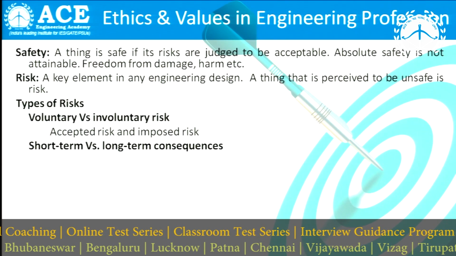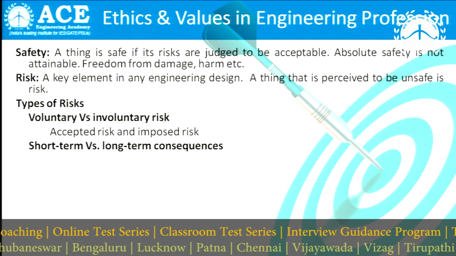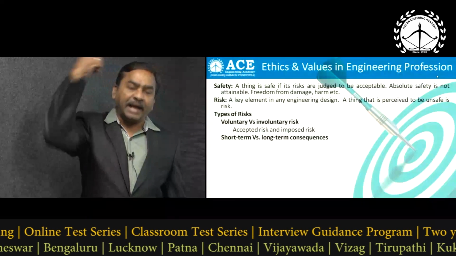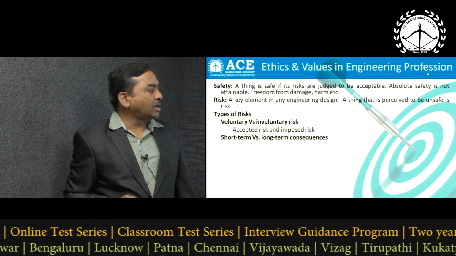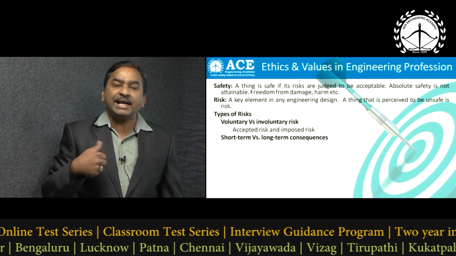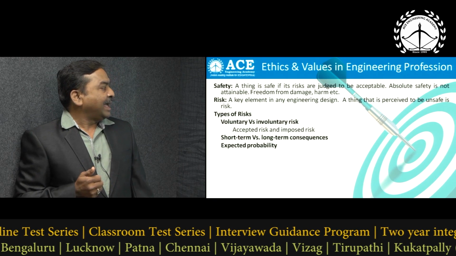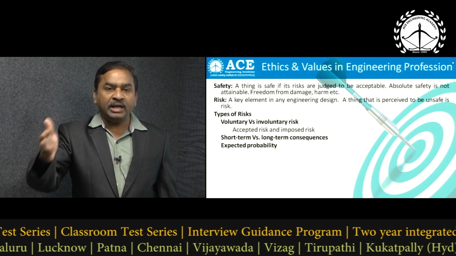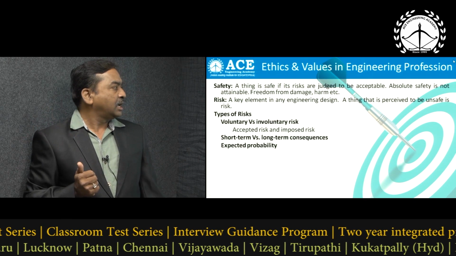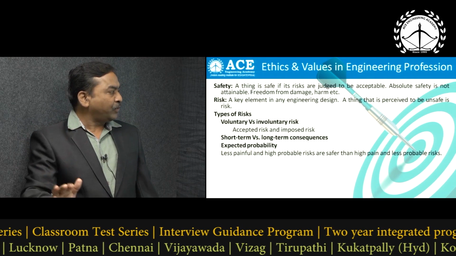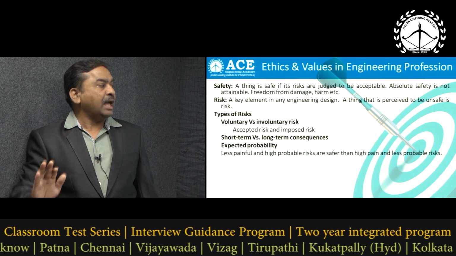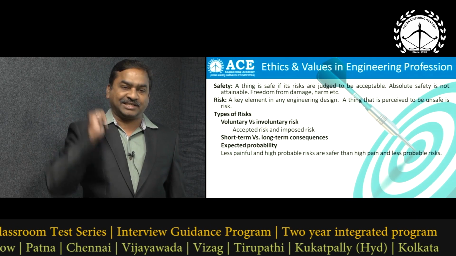The second one, short term versus long term consequences. If a risk is supposed to show its effect after some time, then it is called long term. Maybe we will be tempted to accept that risk. Expected probability: what is the probability that it will happen? Less painful, highly probable risks are perceived to be safer than high pain and less probable risks.